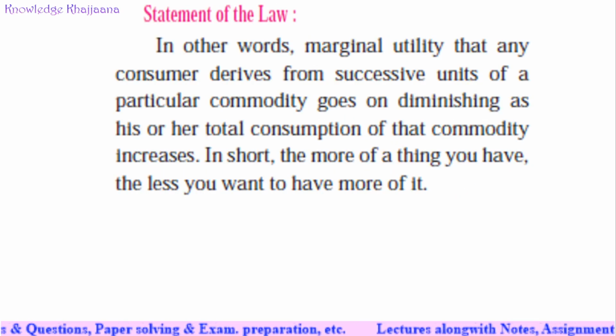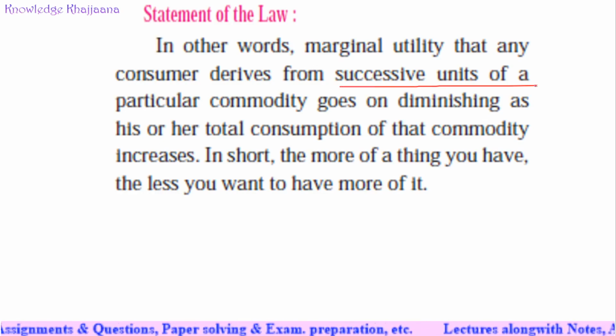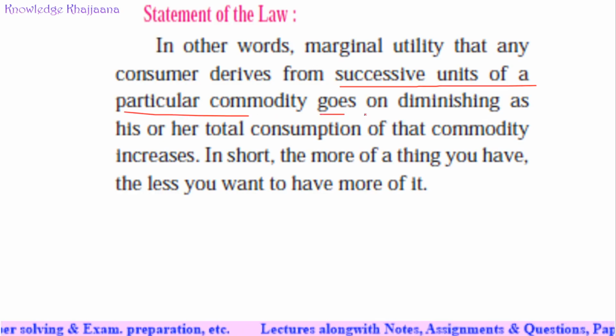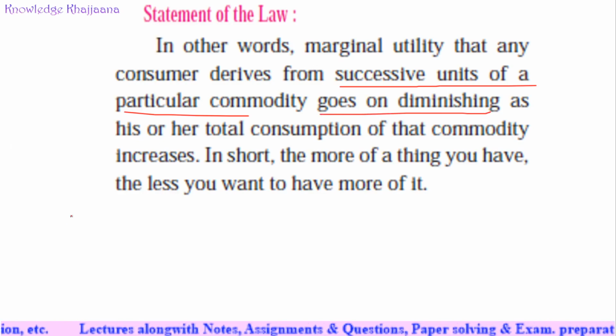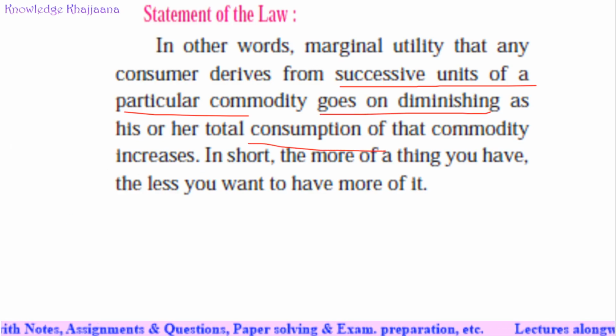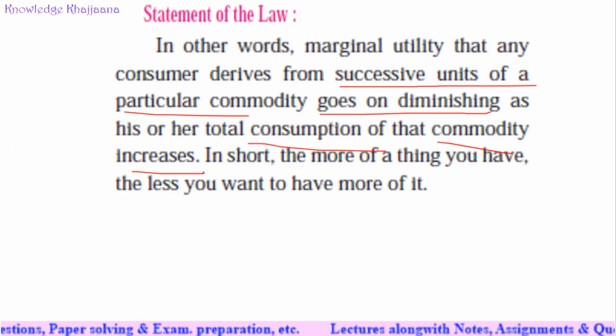In other words, the marginal utility that any consumer derives from successive units of a particular commodity goes on diminishing as his or her total consumption of that commodity increases. In short, the more of a thing you have, the less you want to have more of it.